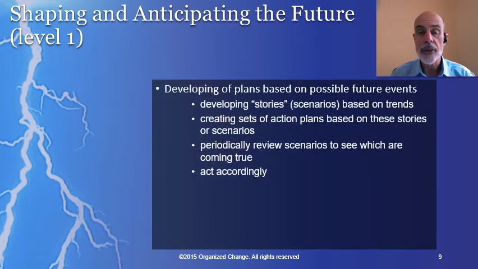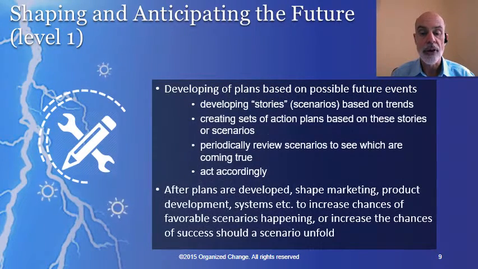Let's look in more detail at these different levels of organizational change, starting with level 1, otherwise known as scenario planning. Scenario planning is the development of plans based upon possible future events. These involve developing stories and scenarios based upon trends, creating action plans based upon these stories or scenarios, periodically reviewing these scenarios to see which ones are coming true, and acting accordingly.